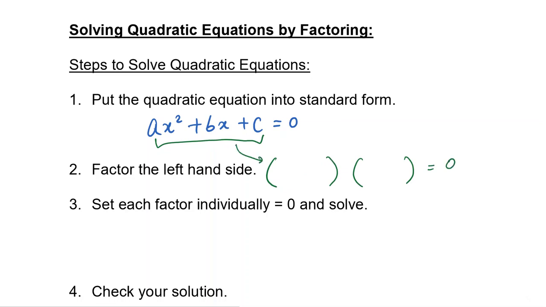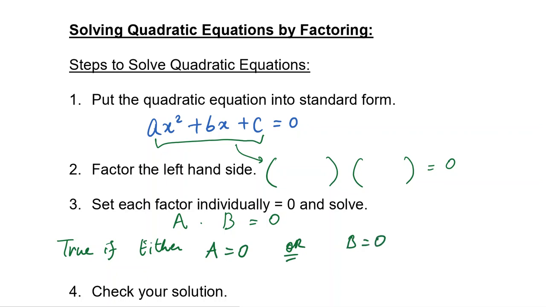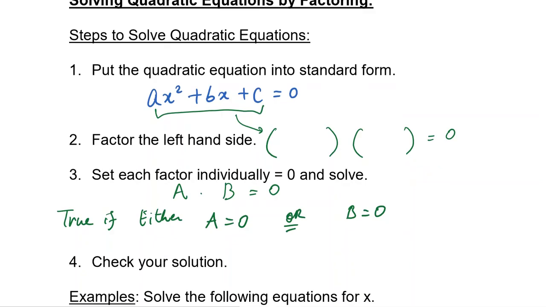If the product of two factors is 0, at least one of them should be 0. Let's say one factor is a and another factor is b. If a times b is 0, this is true if either a equals 0 or b equals 0, because only then can you get a product equal to 0.